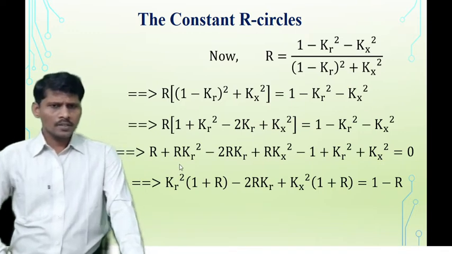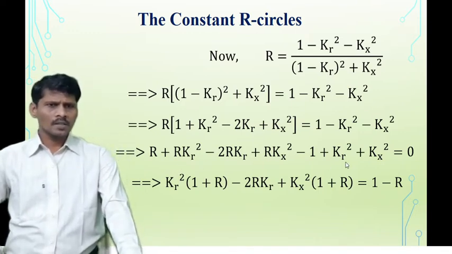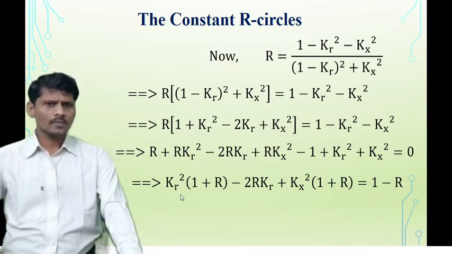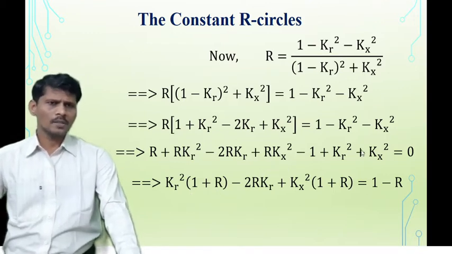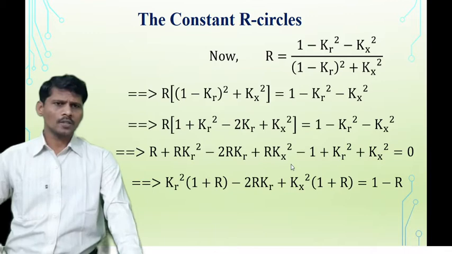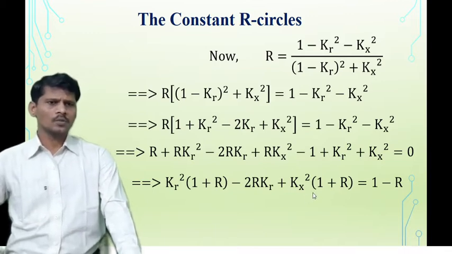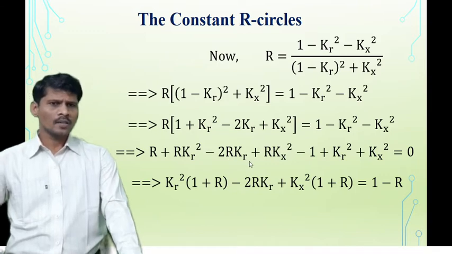On the LHS side, R Kr square plus Kr square, in these two terms Kr square is common, into 1 plus R, and R Kx square plus Kx square, in these two terms Kx square is common, Kx square into 1 plus R, and minus 2R Kr.